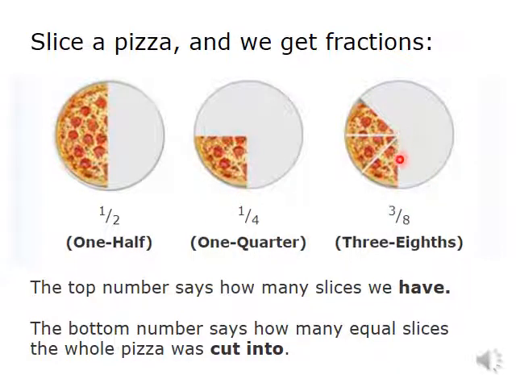This pizza here was split into 8 equal pieces, and then there's 3 pieces left. So we've got 3/8. To remember, the top number says how many slices we have. The bottom number says how many equal slices the whole pizza was cut into.